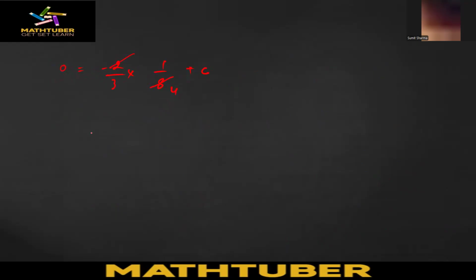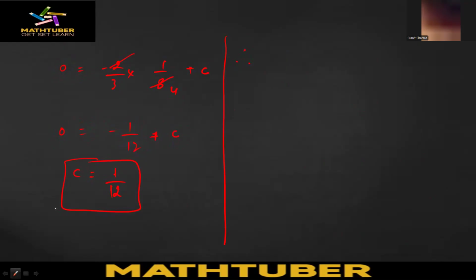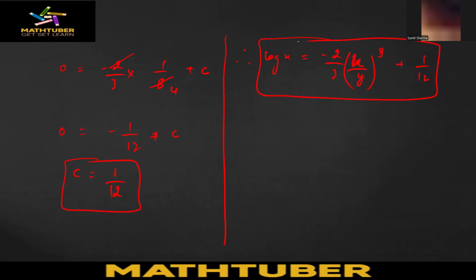This will get cancelled and you will get minus 1 upon 12 plus c equal to 0. C will be equal to 1 upon 12, right? And then substitute it in the equation. So you will get log x equal to minus 2 upon 3 x upon y whole cube plus 1 by 12. And this will be the final answer.